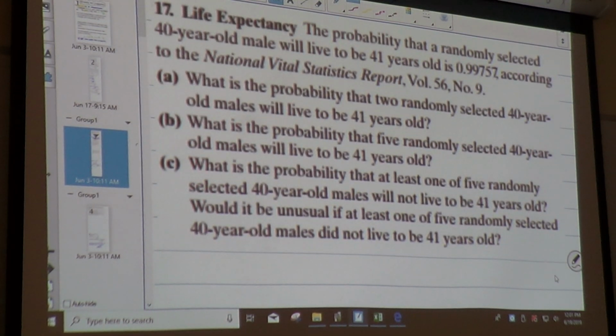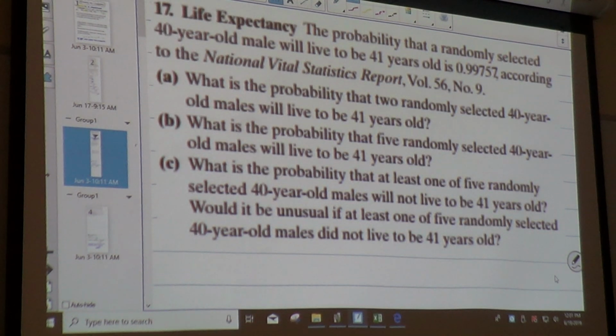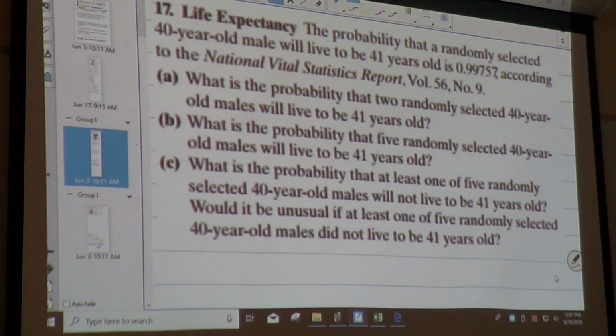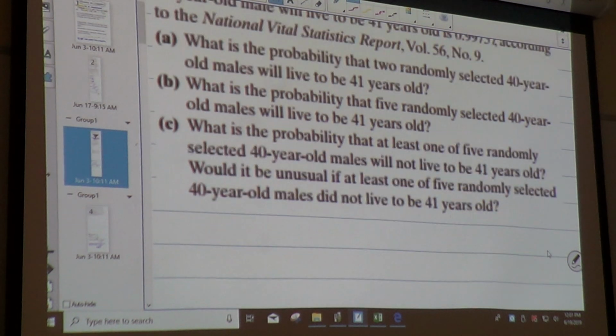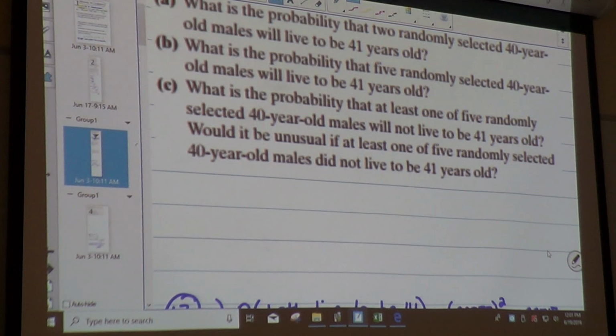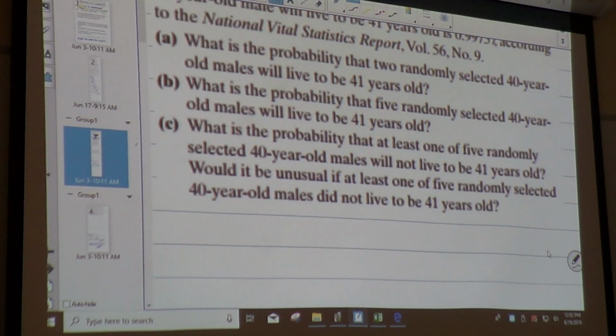The probability that a randomly selected 40-year-old male will live to be 41 is 0.99757. What is the probability that 2 randomly selected 40-year-old males will live to be 41? So, for part A, I want to know the probability that I make it to 41, and I want to know the probability that I make it to 41 again.